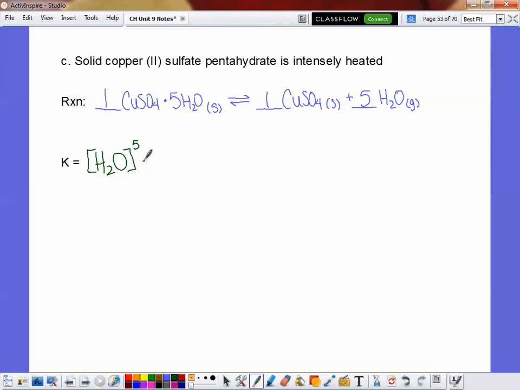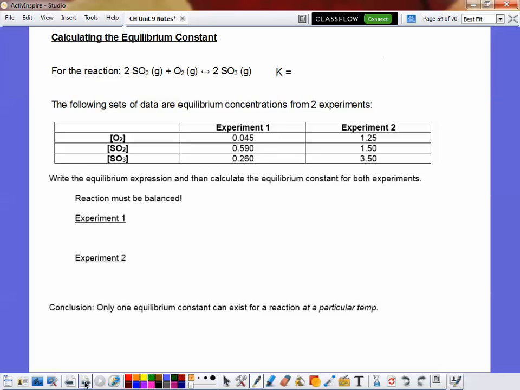All right, so now we're going to do just a couple more. We're just going to go through the bottom of the next page. We're just going to do page 20, and then we'll be done. We're going to actually plug in numbers and talk about the equilibrium constant, the value, the magnitude of it. It's going to be the same thing. We're going to have to write the equilibrium expression and then just go one step further.